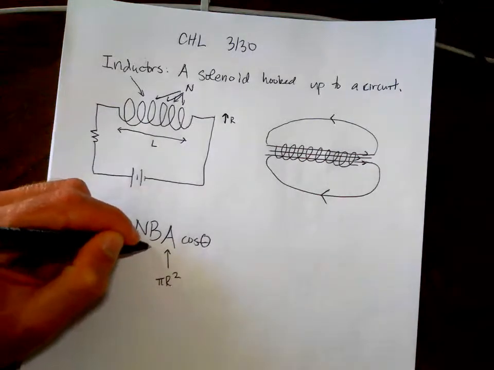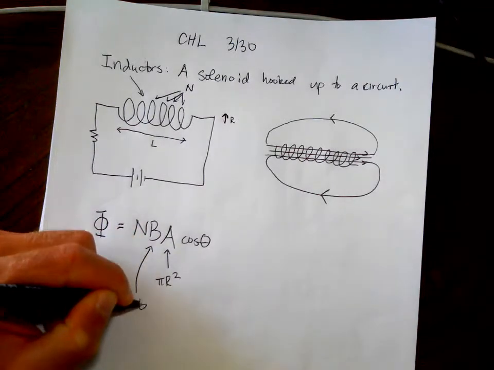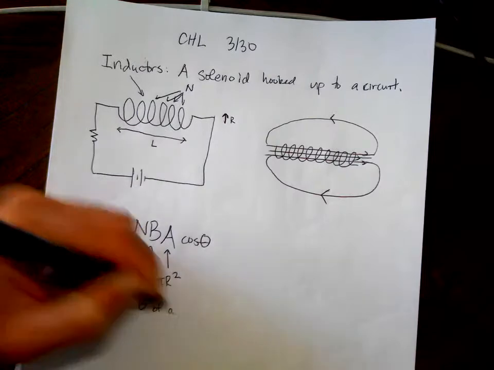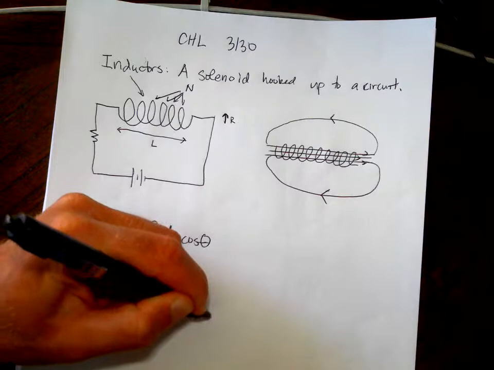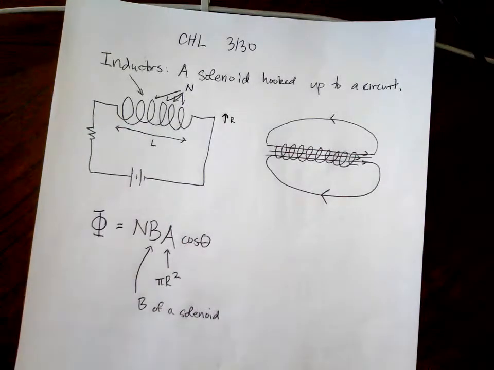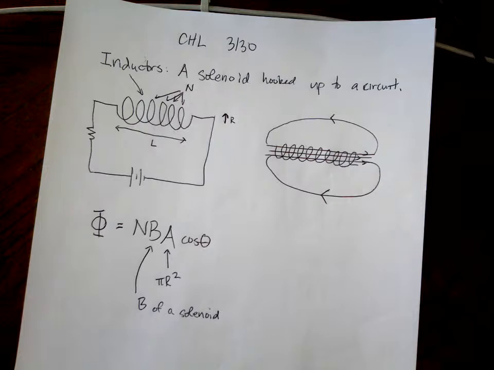B is the magnetic field of a solenoid. And I believe that I derived the magnetic field of a solenoid for the AP students, but not the IB students. So don't worry about it if you don't know how this comes about.